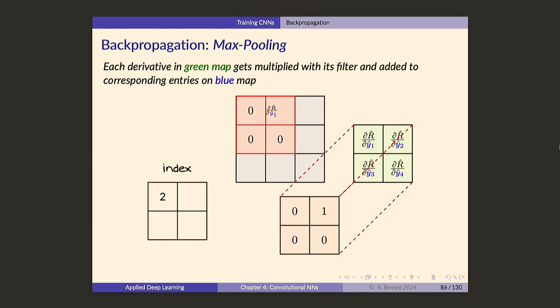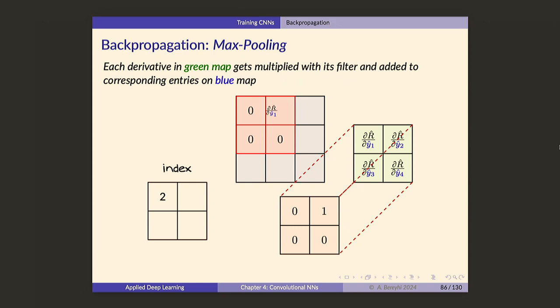So let's look at this. And I want to just compute the derivative. So what I'm going to do is put the gradient in the form of the output map. Okay? This is the gradient that I do have, and I want to compute the gradient at that part. So now I'm going to look at this index.